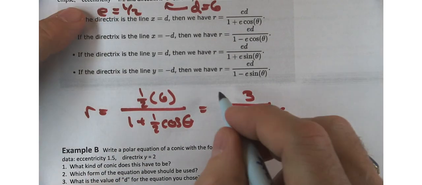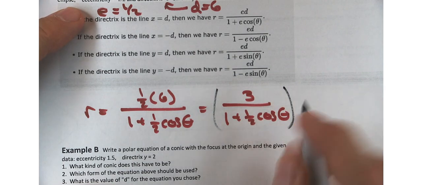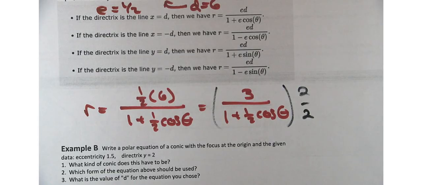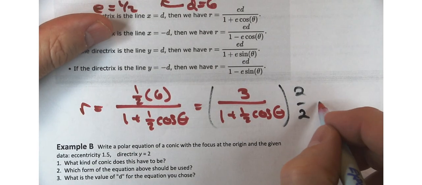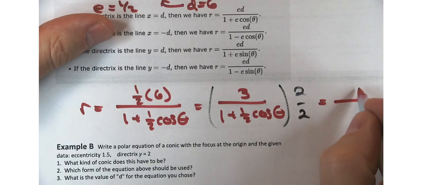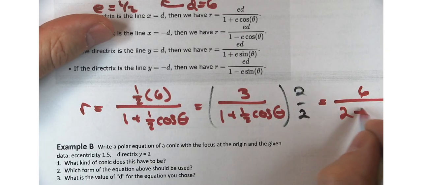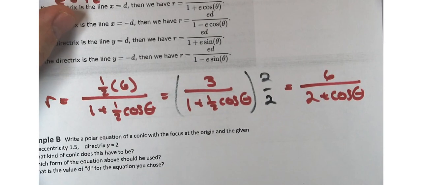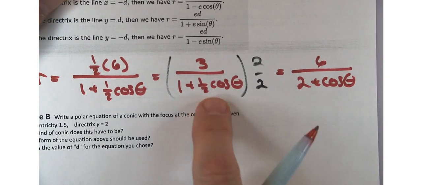Sometimes you'll see the book clean it up like this. They'll get rid of the 1/2 down there in the denominator if they multiply everything by 2. So the advantage of this is that you can actually see what D is in the numerator, I suppose. So you've got 6 over 2 plus cosine of theta. That's an alternate form of this, but to me, I'm just as happy with this one.